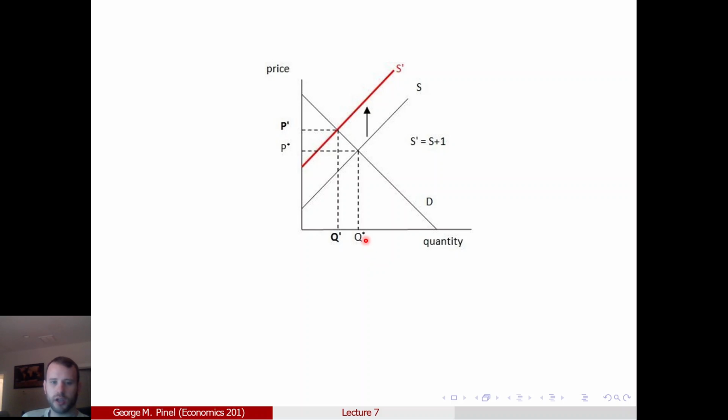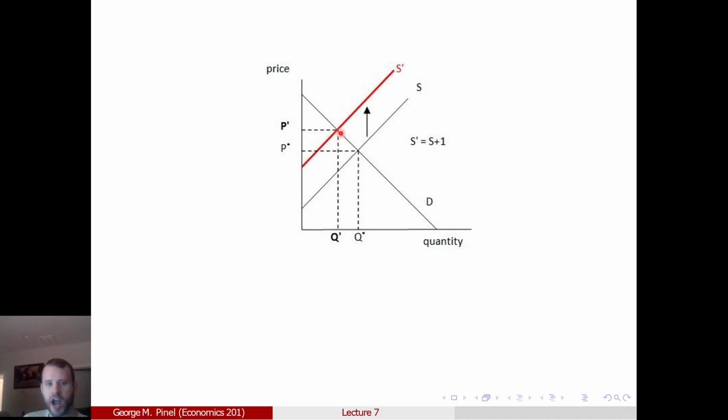The amount of sodas being bought and sold has decreased. Unlike the price controls, by the way, there is a match between the quantity supplied and quantity demanded. They're still intersecting. It's just they're intersecting at a lower point than they had been absent the tax.